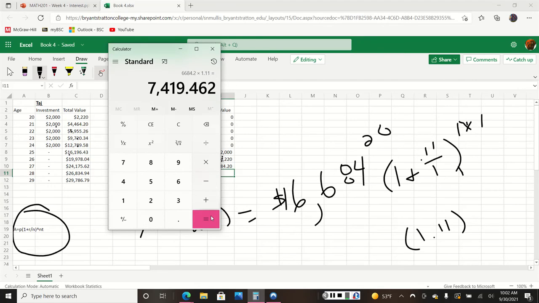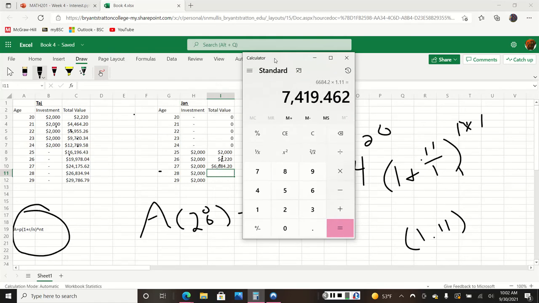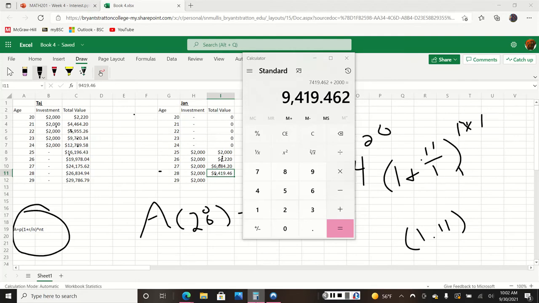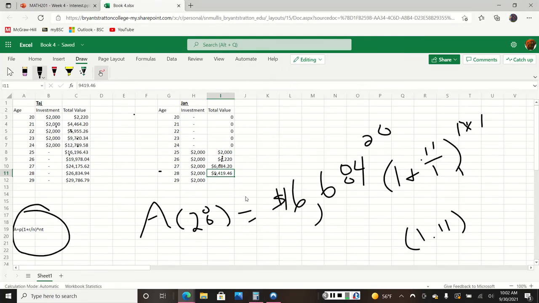That gives us $7,419.46. But again, Jan invested another $2,000, so we add $2,000 on, which leaves us with $9,419.46. All right. So we're on that last year now at 29.